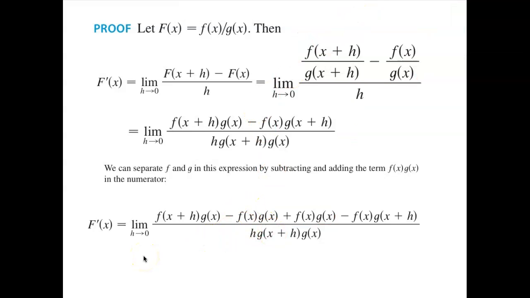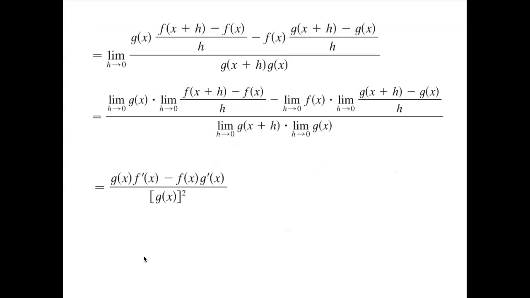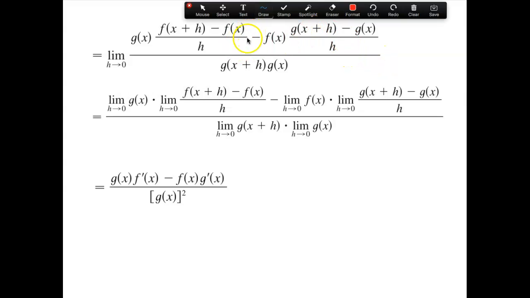And up here in the bottom, all right, we can then split that out into two separate fractions in my numerator, putting h under both. And so now we start to sort of recognize what's going on here.